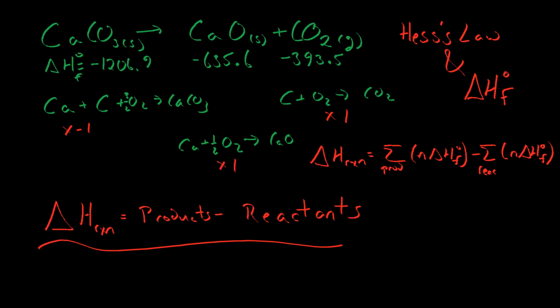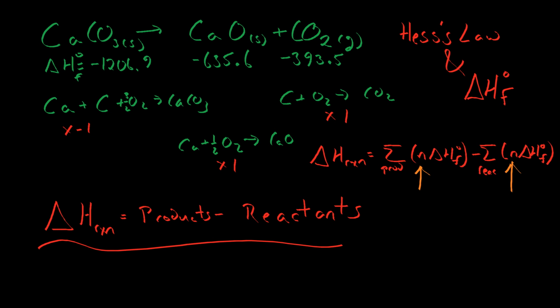And you have that letter N in there to show that each product is being multiplied by its coefficient, and each reactant is being multiplied by its coefficient. So it's slightly more complex than just products minus reactants. But the coefficient has always played a role. You've always needed to take advantage of it. You've always needed to use it. So hopefully it won't be too hard to remember that when you're talking about products minus reactants, you're talking about products and reactants multiplied by their coefficients.